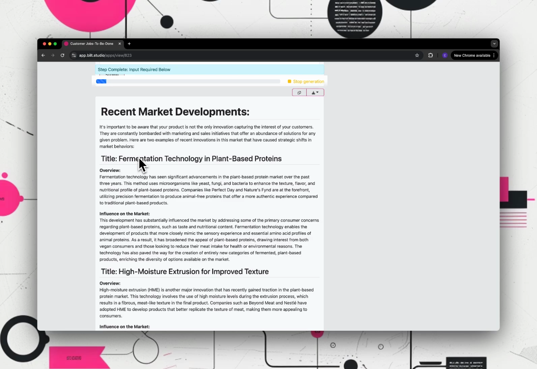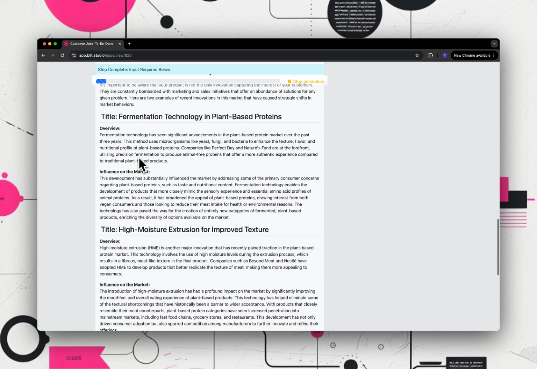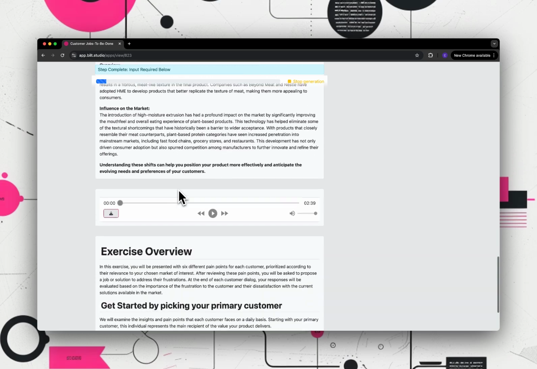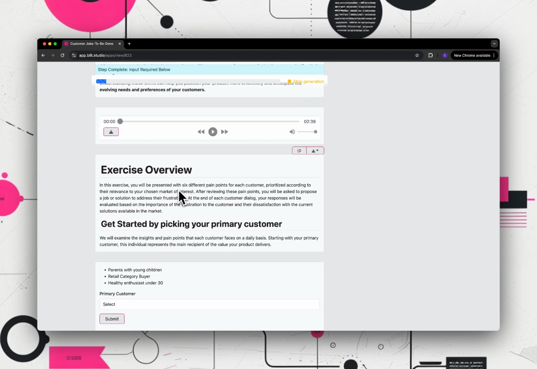This is making it so more than just organically harvested farm products can create a plant protein to create high protein products. And high moisture extrusion, this is another technology that has been very influential in the marketplace of plant-based products. So the way that this exercise is going to work is I'm going to focus on one customer at a time.